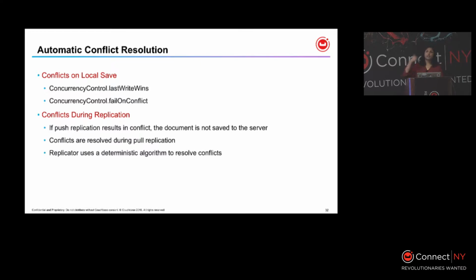During replication, if you try to push up a document that results in a conflict, you're going to get a 409 conflict error back from the sync gateway. So what you do is during pull replication, you get the conflicting revision, and you apply a deterministic algorithm, which is basically deletes always win, or the longest revision tree wins. And you save the winning revision into the database.